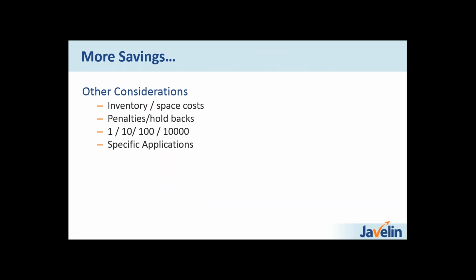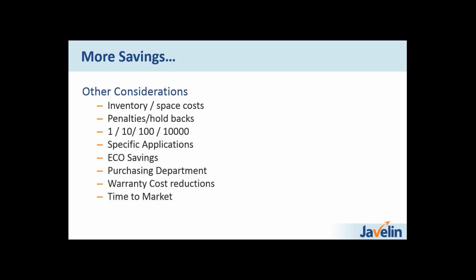There are specific applications such as molds and sheet metal stamping, so there are ROIs that could be related to those. Warranty cost reductions, time to market is an area. Lost business is one that we're starting to see a lot more of out there.